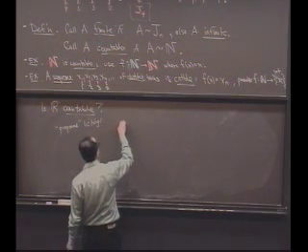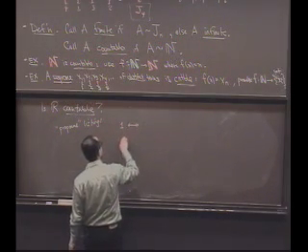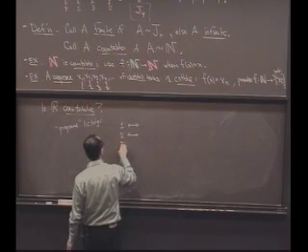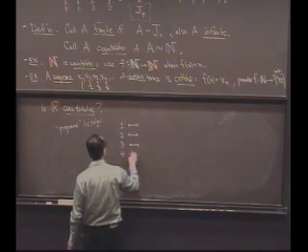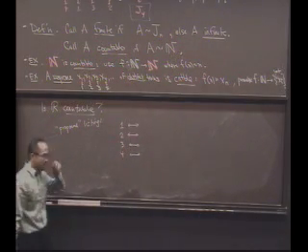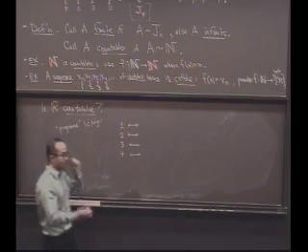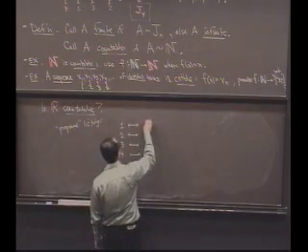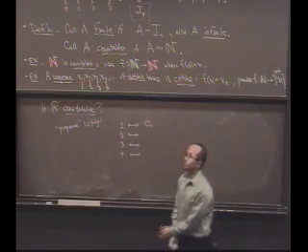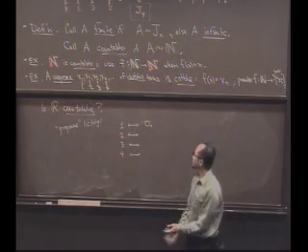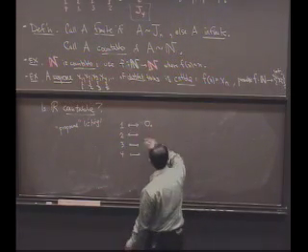Let's say the number 1 gets associated with some rational, and this one gets associated with some rational, 2, 3, 4. And maybe the first one, 1, gets associated with this number.